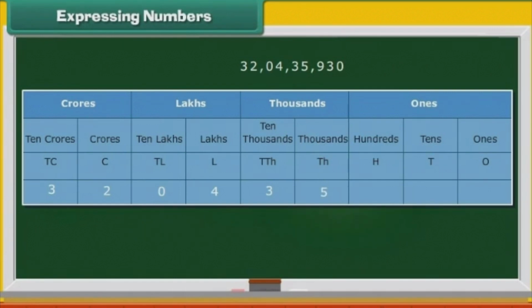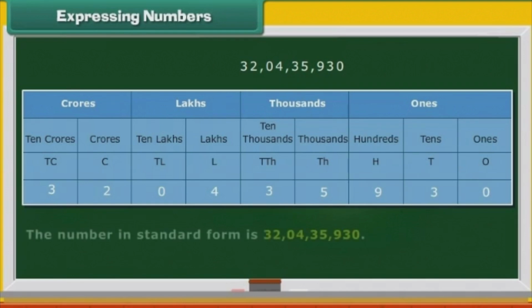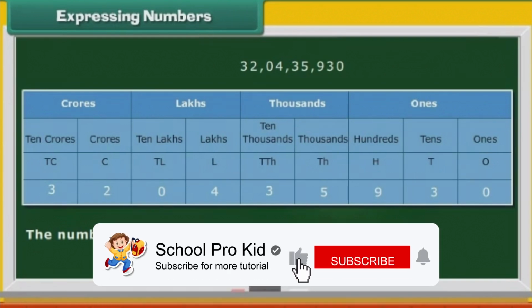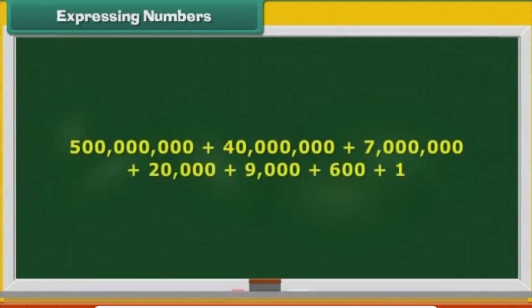Proceeding in the same way, write 9 under H, 3 under T, and 0 under O. Therefore, the number in standard form is 32,04,35,930. Now look at this number expressed in expanded form.